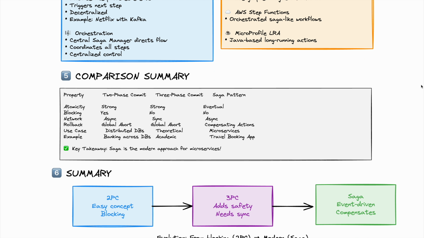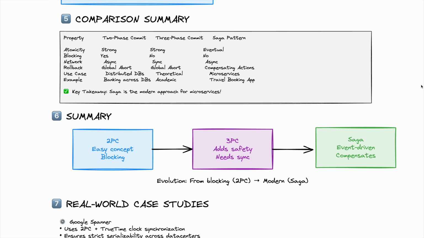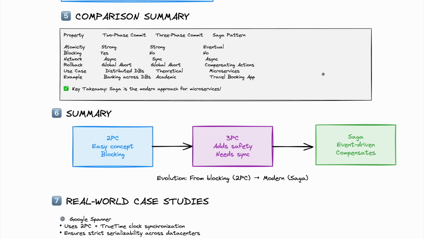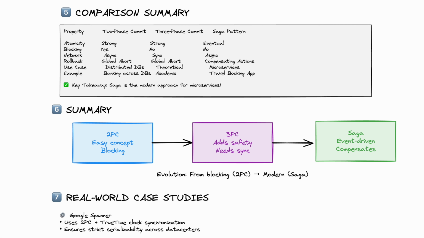Let's now compare all three that we have: two-phase commit, three-phase commit, and the saga. The atomicity in the case of the saga is eventual, but in two-phase and three-phase it's strong. It's not blocking, unlike the two-phase commit. For the network, it's asynchronous.